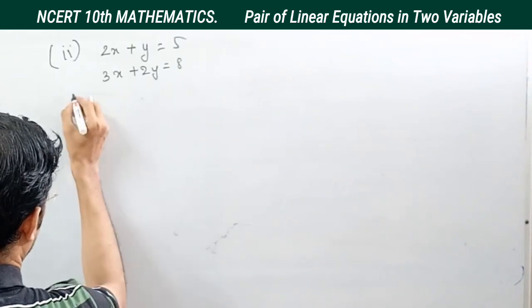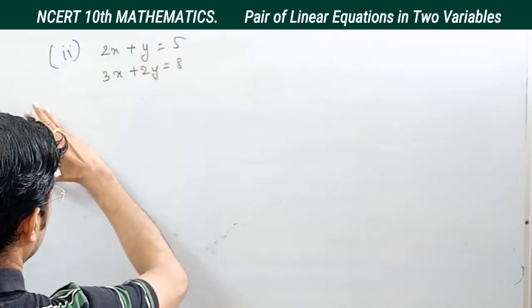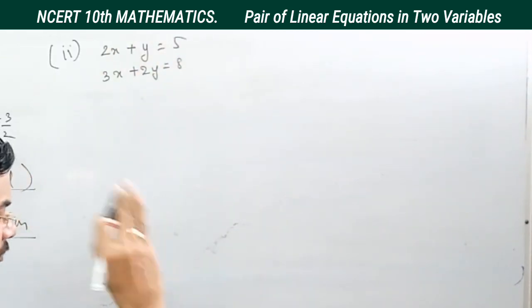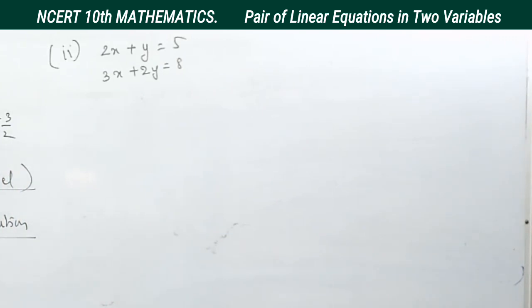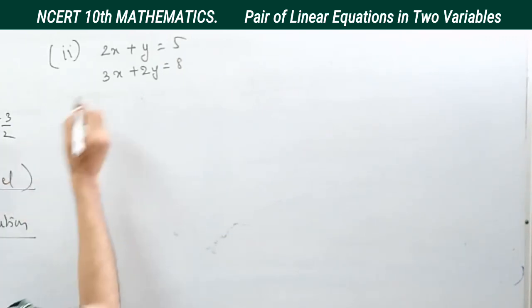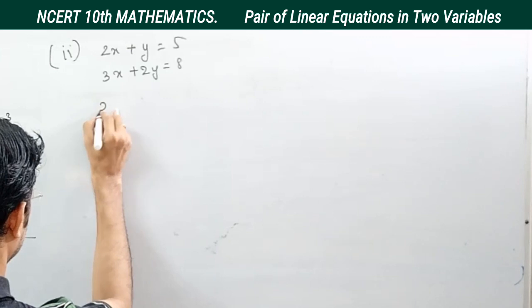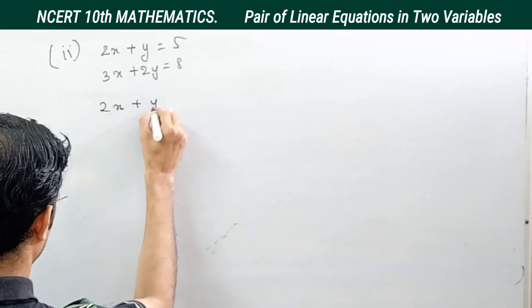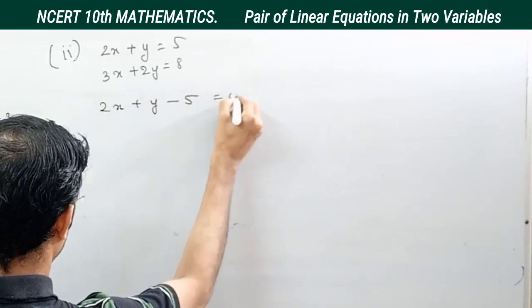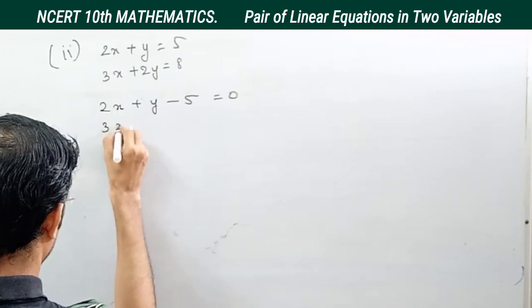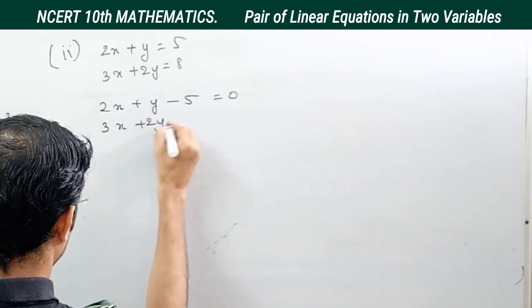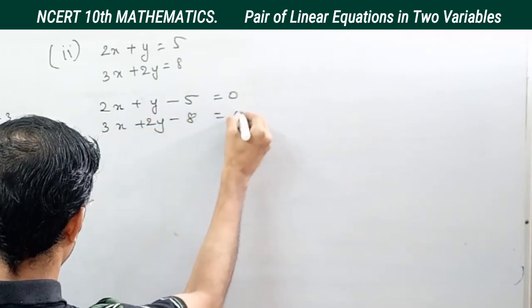First of all, we need to convert them into the standard form, ax plus by plus c equal to 0, so the constants go to the left hand side. So this is 2x plus y minus 5 equal to 0, then we have 3x plus 2y minus 8 equal to 0.